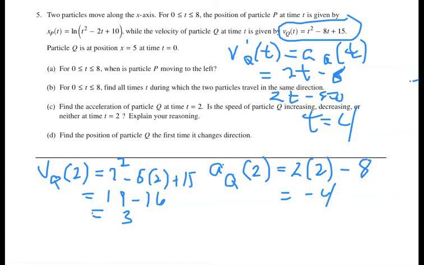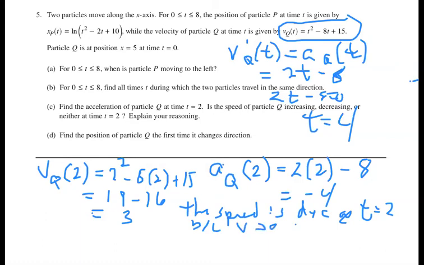So that means we would say the speed is decreasing at t equals 2. And that's because velocity is greater than 0 and the acceleration is less than 0 at t equals 2.